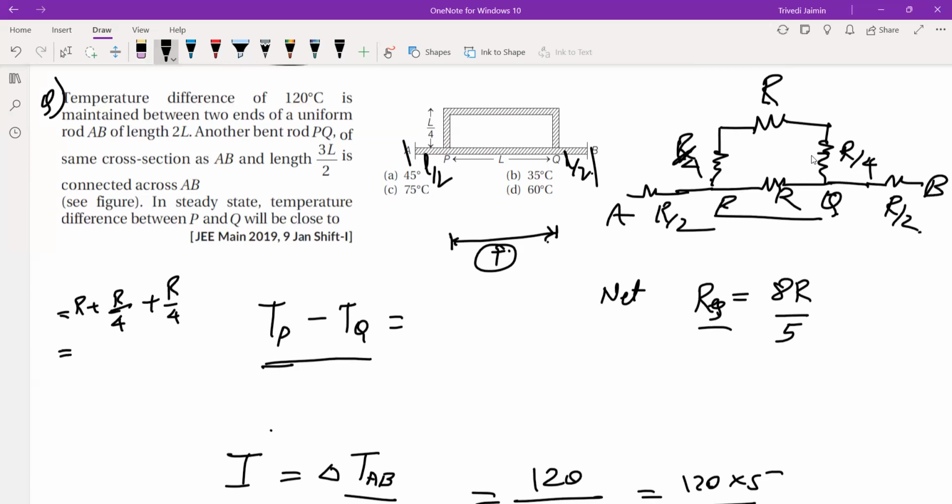R by 2, 3R by 2. And it is 2 by 3R plus 1 by R. So 3R by 5.